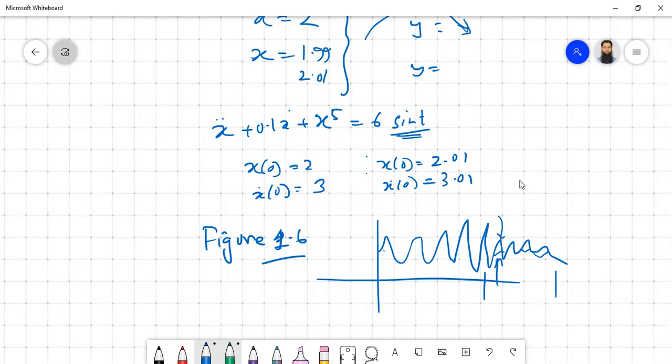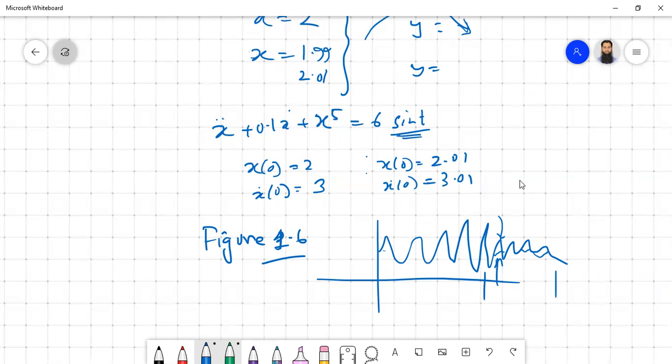We'll continue with chapter 2 from here. Chapter 2 is basically phase plane analysis, and we'll see the linear and the nonlinear version of that phase plane analysis as well.